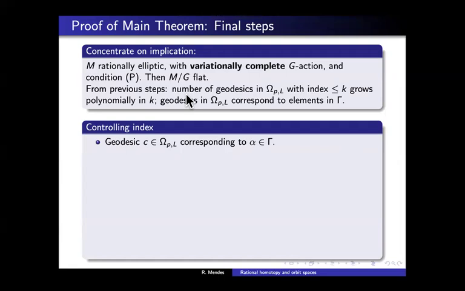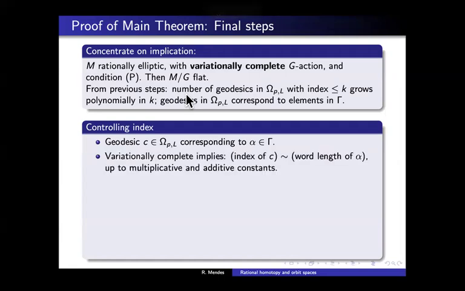So take a geodesic C corresponding to element alpha, just like in the previous picture. The other thing that variationally complete gives us is that the index of this geodesic C is comparable, up to a multiplicative and additive constant, to the word length of alpha.